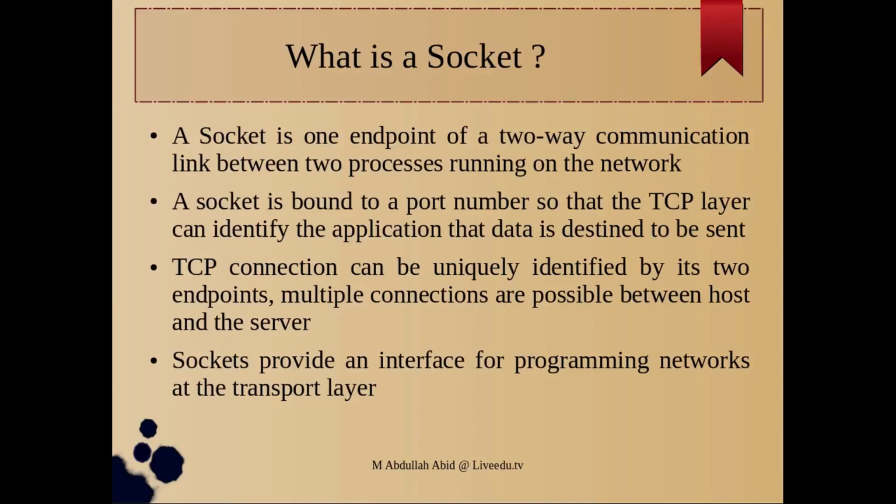So what's a socket? A socket is a combination of an IP address and a port number. That means a socket is a virtual point that is used for communication. An IP is used to locate a system over a network, and a port number is used to identify a process on that particular system. So with a socket, we use the IP address to locate a system, and then we use the port number to locate a process on that system.